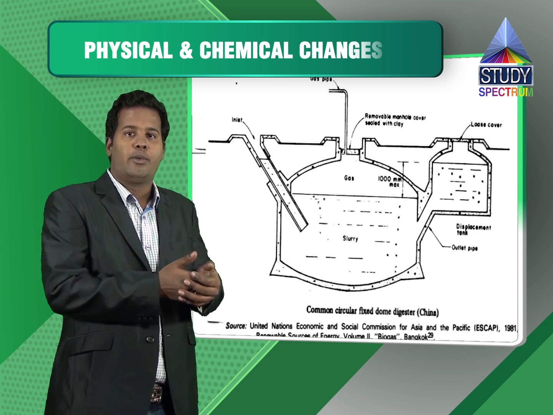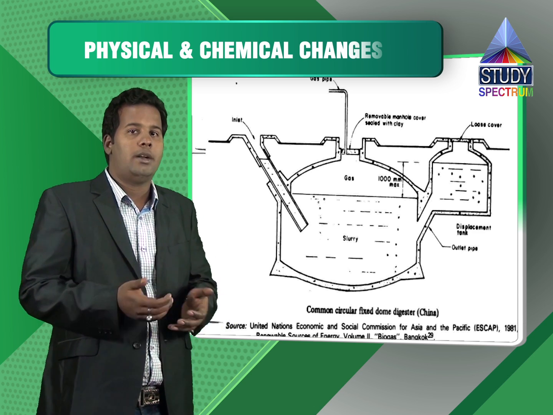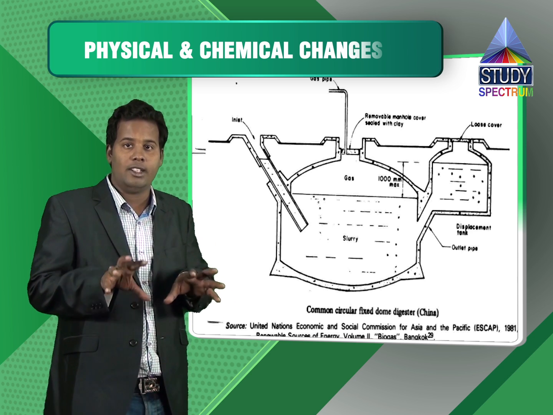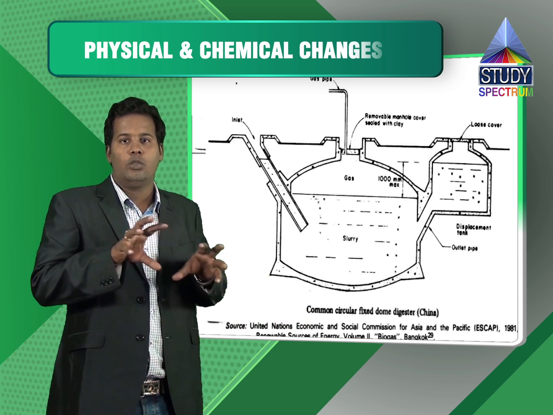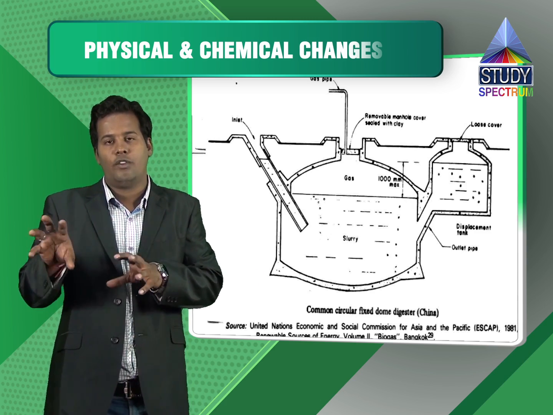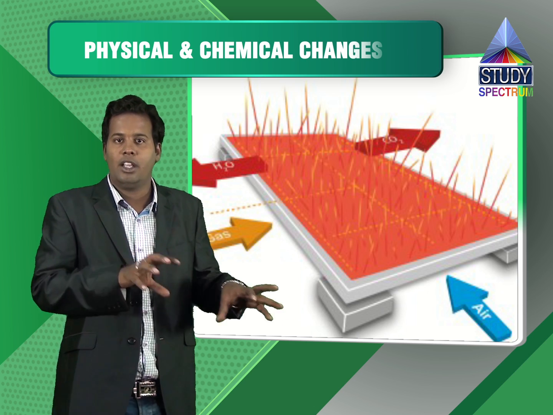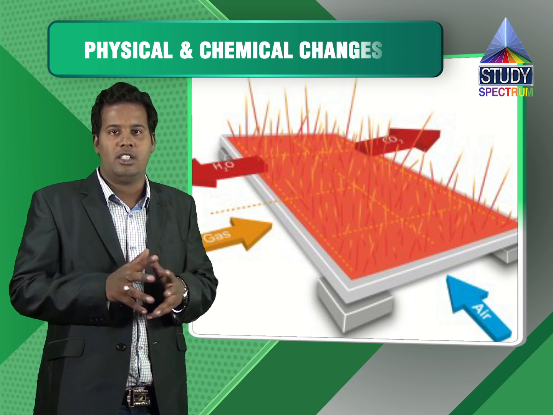Why? Because the physical properties are changing, but the internal properties of that particular compound LPG will remain the same. State is changing, physical property is changing, but the internal property will remain the same. So change A is a physical change.